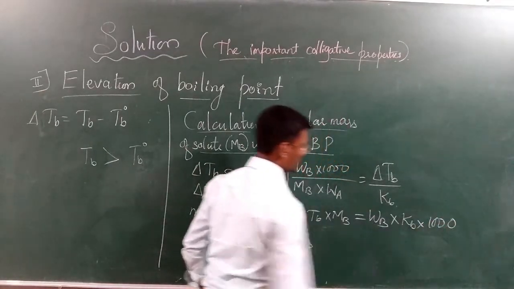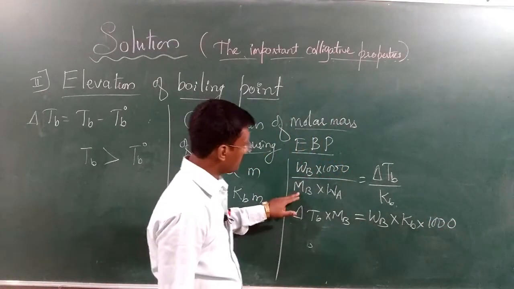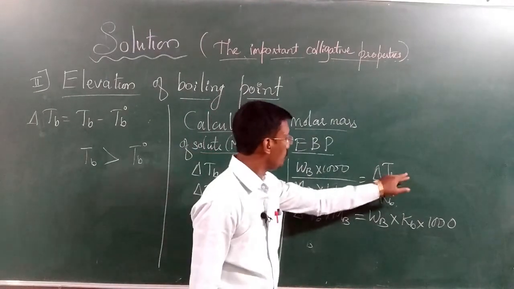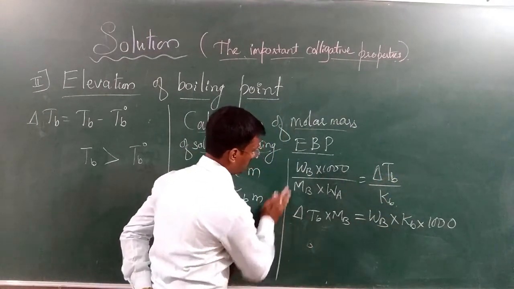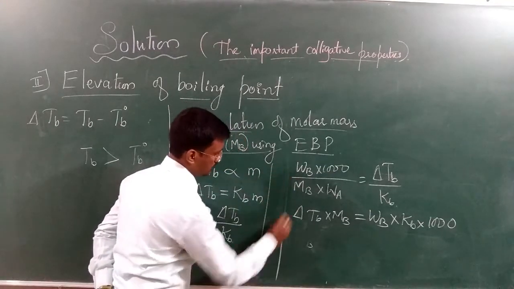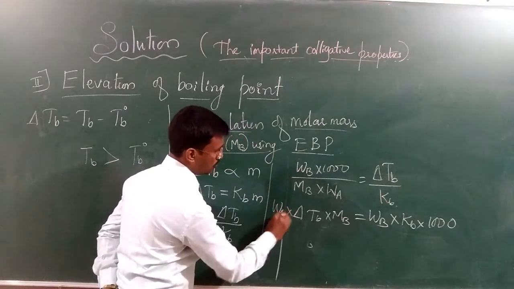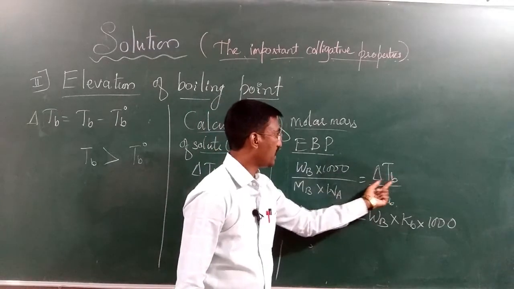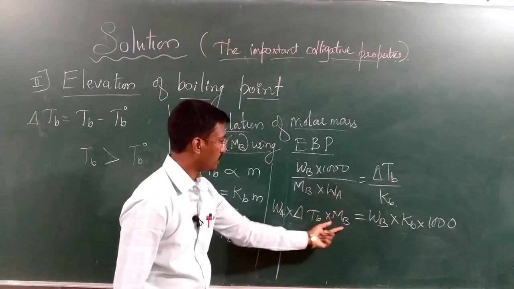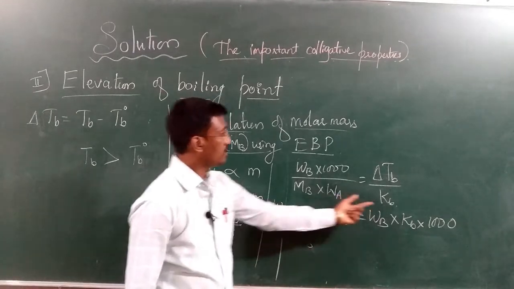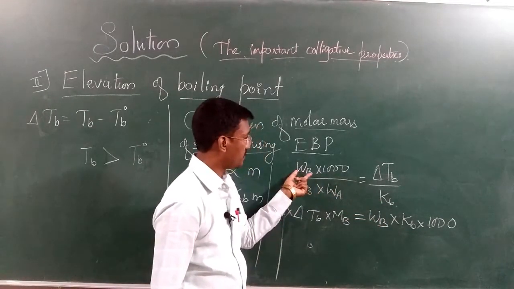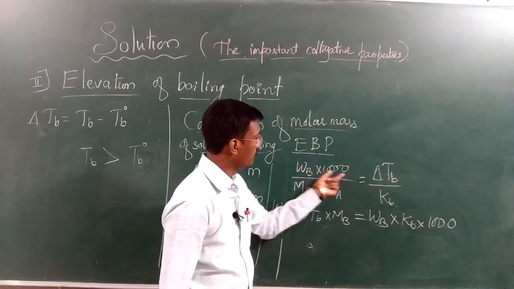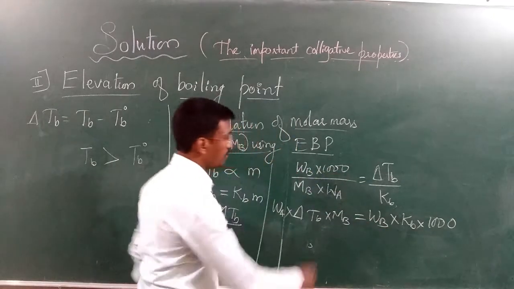Are you getting this one? So here I am sending this MB, and WB also here. WB and Kb will be in the numerator: Kb into MB into WA. This Kb we are taking to the left side: Kb into WB into 1000. So we need the MB value.